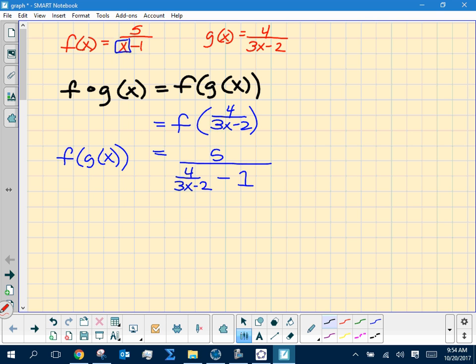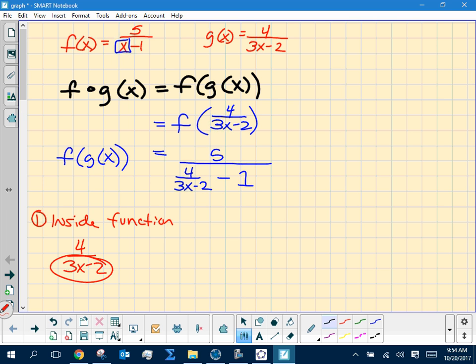The first thing you have to do is find the domain of the inside function. The inside function was g of x in this case, right? So 4 over 3x minus 2. What is the issue for this type of function? x cannot be 2/3.